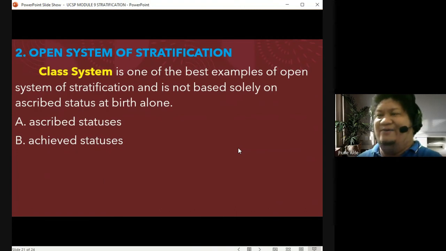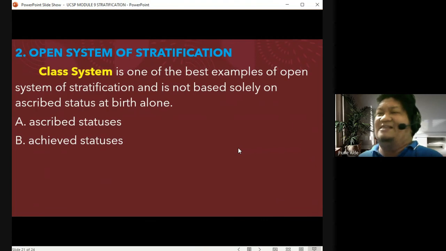Namana. Okay? However, when we say achieved, ito yung estado mo sa buhay na na-achieve mo because of your hardship and because of your sacrifices. Let's say nakapag-aral ka na dating mahirap ka, pero dahil nakapag-aral ka, nakapagtrabaho ka ng magandang trabaho at magandang sweldo, then naahon mo na ang iyong sarili sa kahirapan, maging ang pamilya mo.